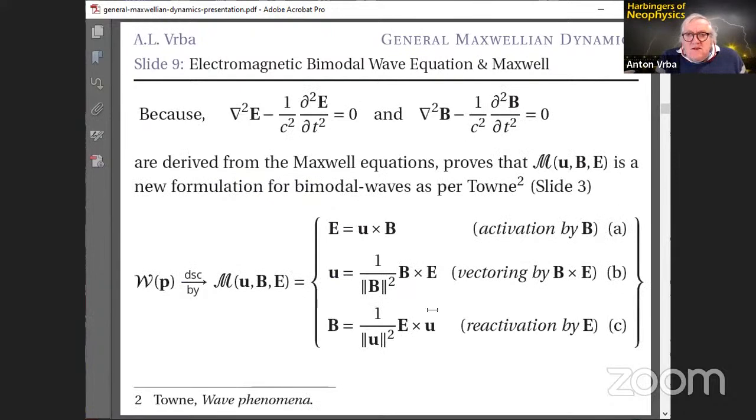Now, these three equations here: from the Maxwell equations we get to the D'Alembert wave equation, meaning that these equations are also a wave equation, because I can express the velocity vector as a function of t. All these vectors are functions of t, and they can have sine omegas in them, and therefore they are a wave.